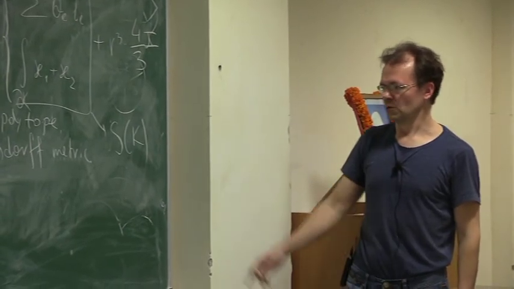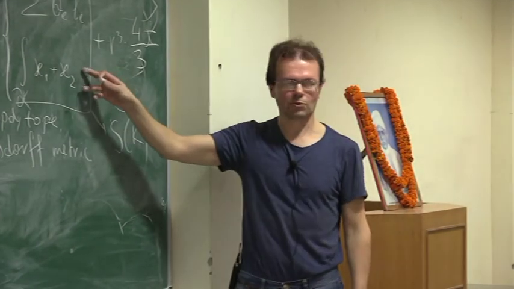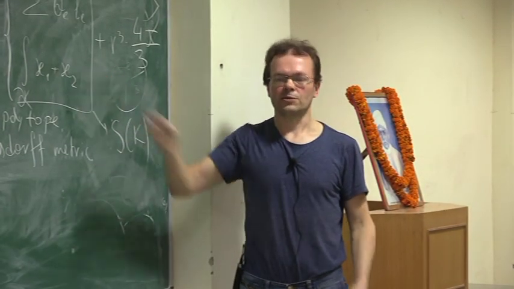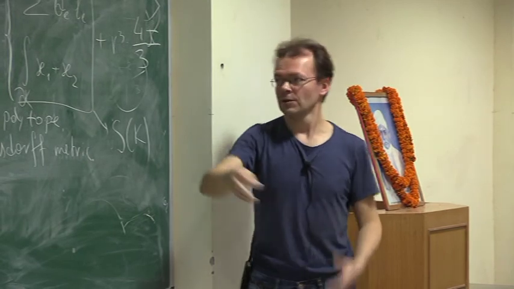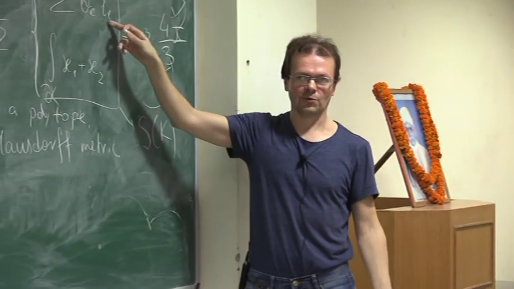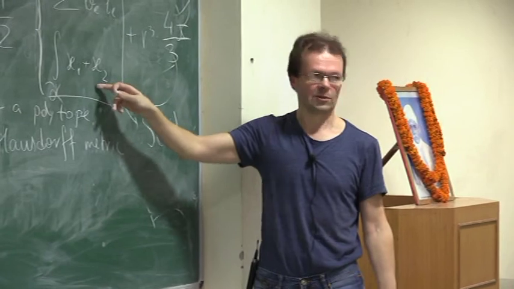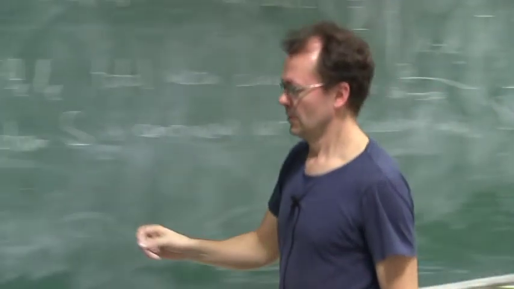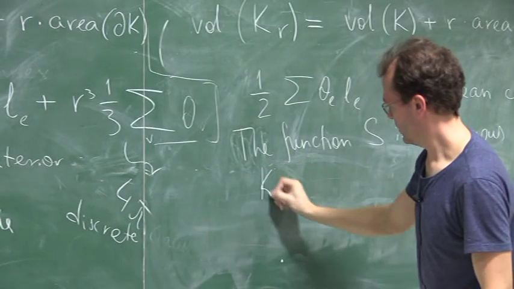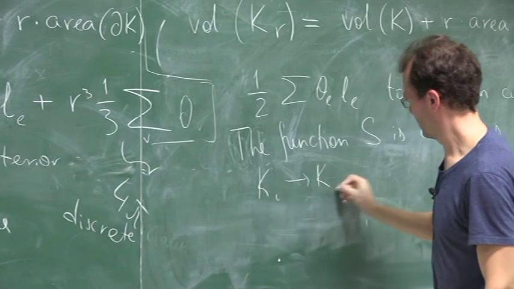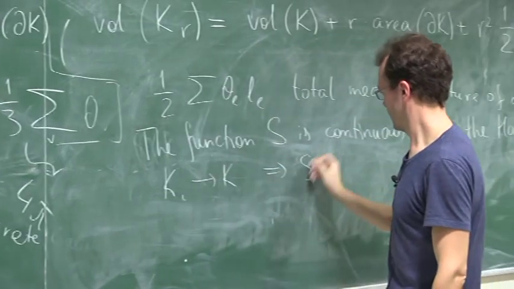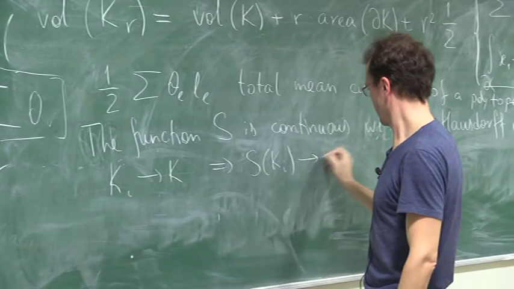But this means that if you take a smooth convex body and take a sequence of polytopes approximating this body, then this expression in terms of angles and lengths will converge to this integral. So if K_i tends to K, then S of K_i tends to S of K.